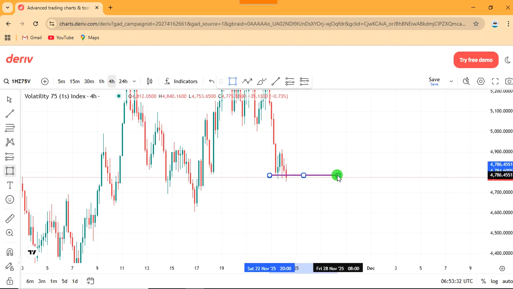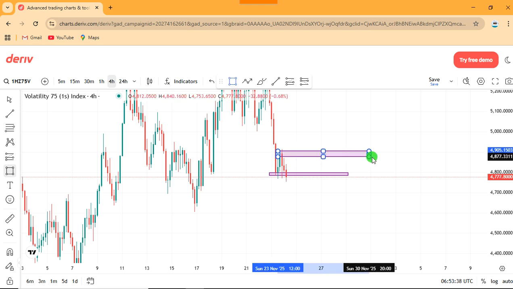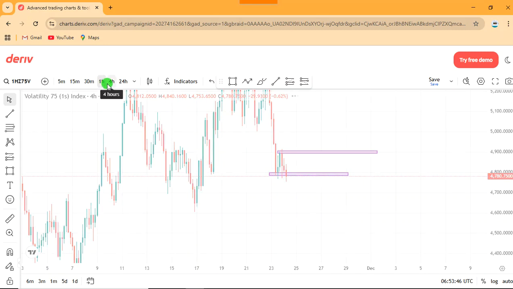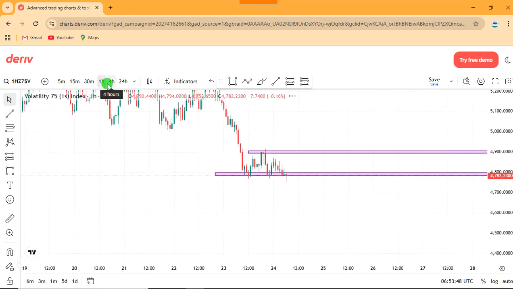I think this is the current zone it is reacting to here. Then we mark here again. So I think we are likely to actually break below. Let's not say that for now. Let's confirm from the market itself.